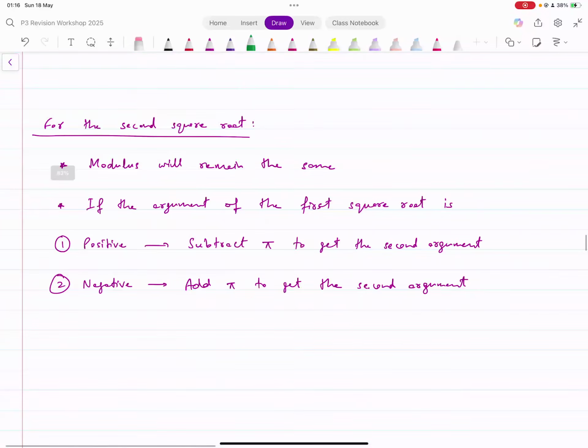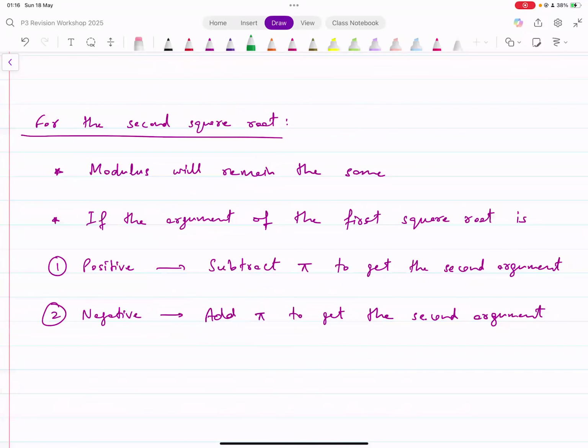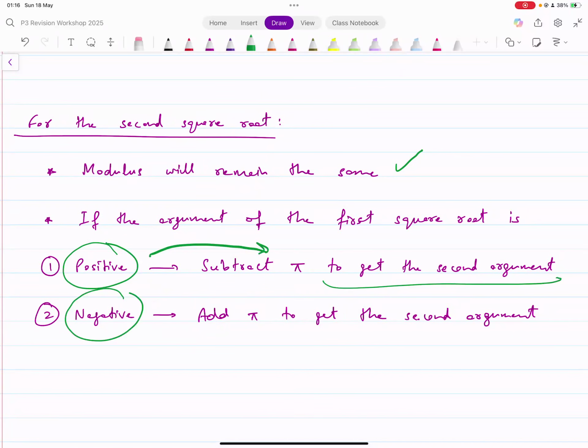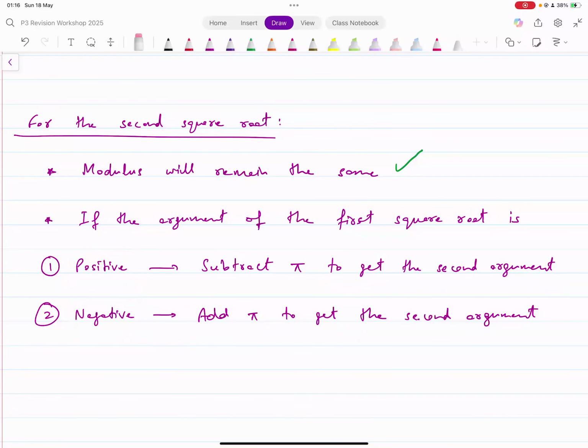So this is the standard method. Finding one square root is fairly straightforward. For the other one, the modulus will remain the same. For the argument, if the first argument was positive, you subtract pi from that to get the second argument. If the first argument was negative, you add pi to that to get the second argument.